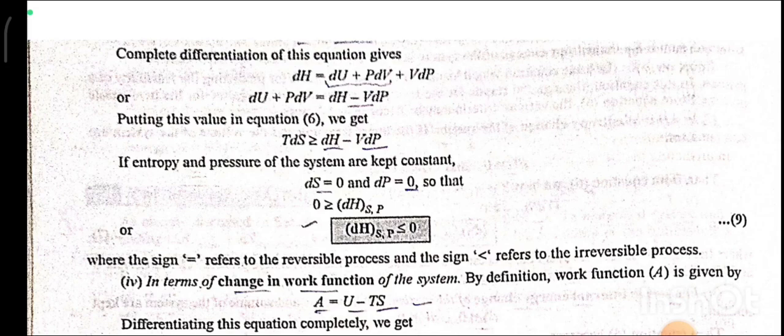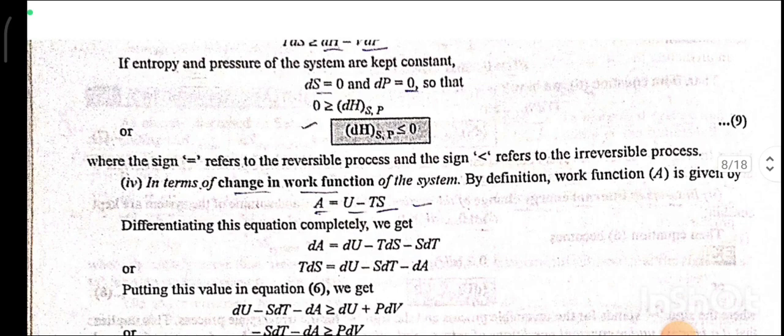If entropy and pressure of the system are kept constant, dS is equal to 0, dP is equal to 0, so that 0 is greater than or equal to dH at constant S and P. dH at constant S and P is smaller than or equal to 0. The equal to sign refers to a reversible and the smaller than sign refers to an irreversible process.